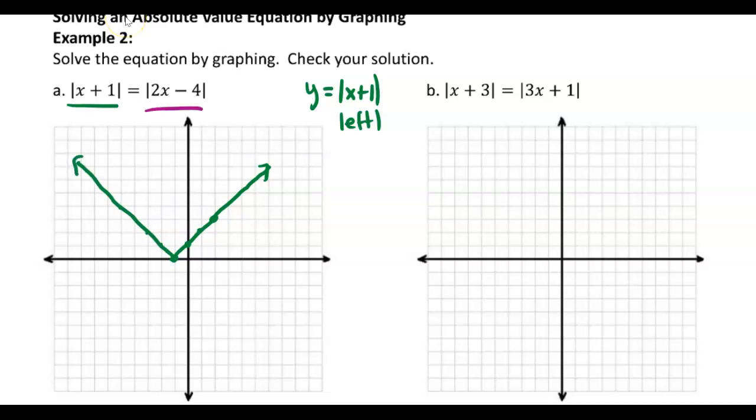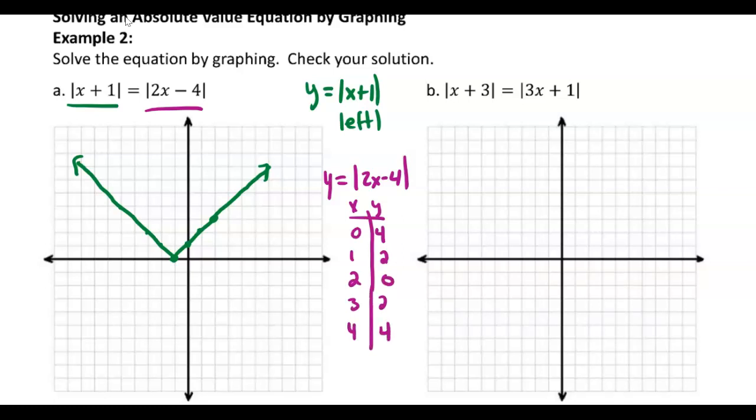And then the right side is y equals absolute value of 2x minus 4. Now, because of that horizontal stretch, this one's a little harder to graph. So I just went ahead and made a table. I used my calculator. I plugged in 0, 1, 2, 3, and 4. And if those weren't the right numbers, then I would have just tried some other numbers. I'm just trying to get the V shape on here.